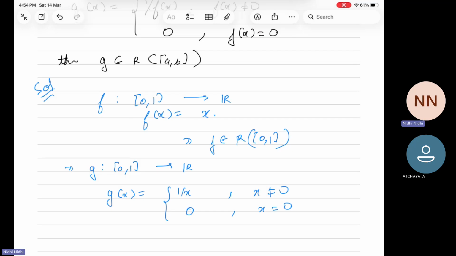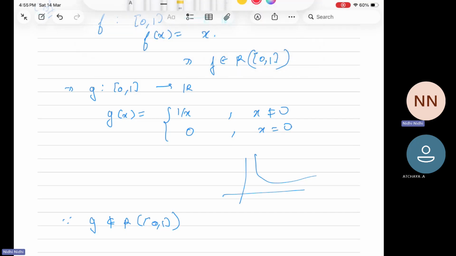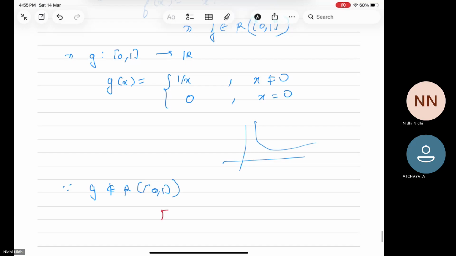So we all know that this function is not integrable at all. It blows up at 0. So since g is not Riemann integrable on the closed interval 0 to 1, we get a contradicting example, and hence the given statement is false.